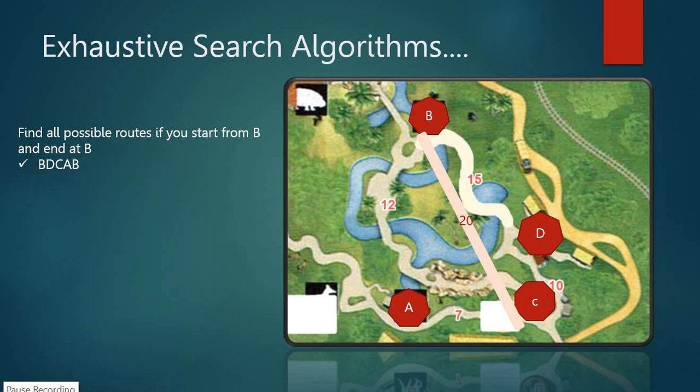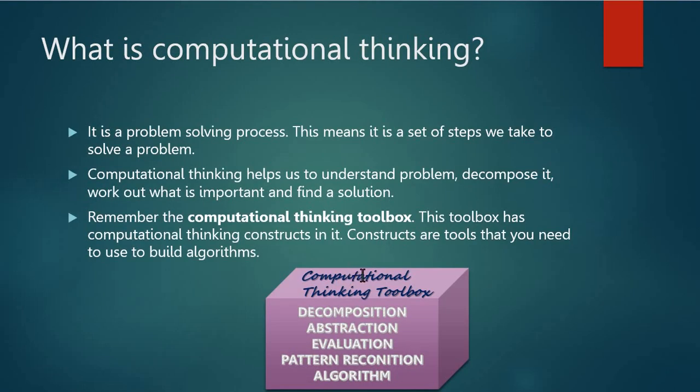To make it easy to search out routes when there are a lot of possibilities, we use another tool from our computational thinking toolbox, which is called abstraction.